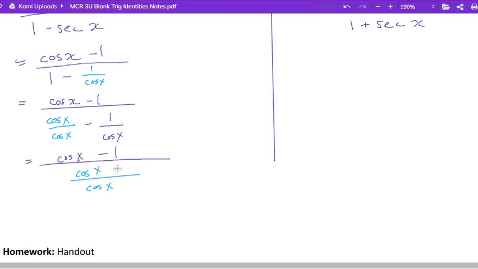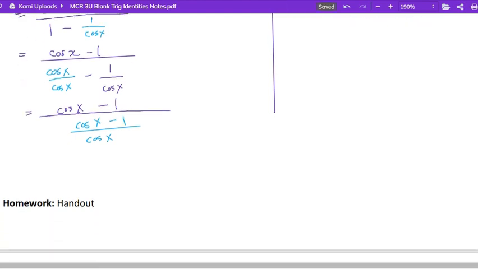Cos x minus 1. Where does this take me, Miss Sly? At this point, I am dividing a numerator by a fraction. So when I divide fractions, I can multiply by the reciprocal.